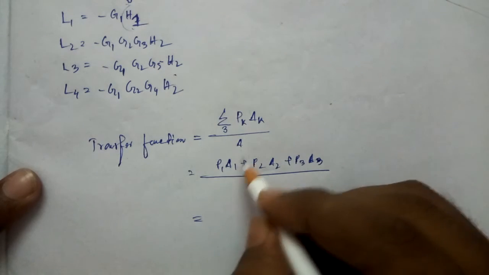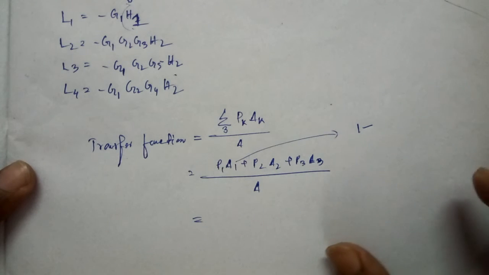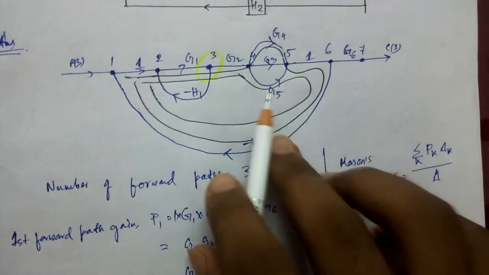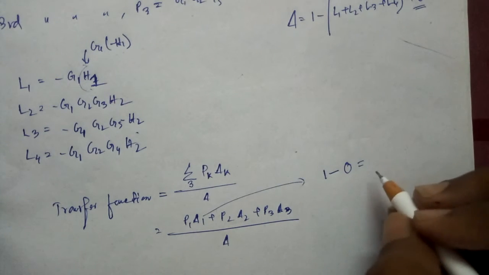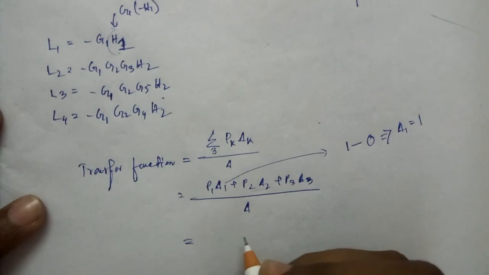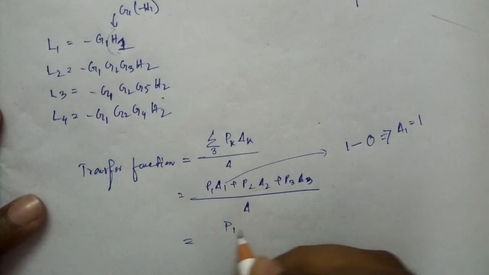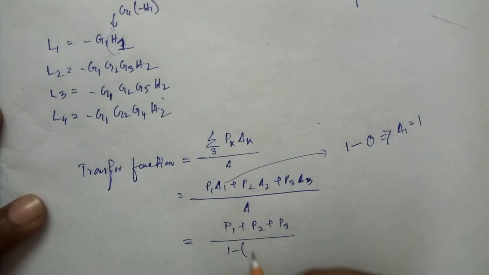Delta 1 we can find out as 1 minus the non-touching loop gain of the first path. As each and every loop is touching the first path, the value will be 1 minus 0, so finally the delta 1 value will be 1. Similarly, delta 2 and delta 3 values will also be 1. Hence the value will be P1 plus P2 plus P3 over 1 minus L1 plus L2 plus L3 plus L4.